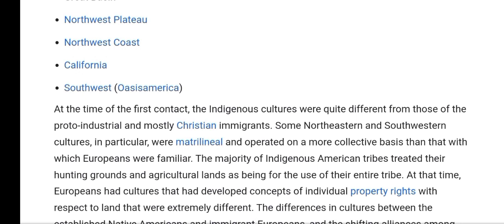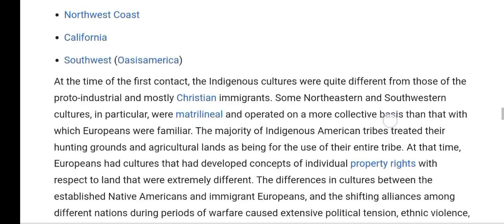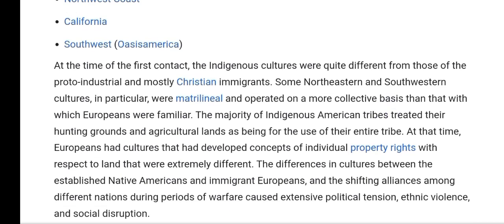At the time of first contact, the indigenous cultures were quite different from those of the proto-industrial and mostly Christian immigrants. Some northeastern and southern cultures in particular were matrilineal and operated on a more collective basis than that with which Europeans were familiar.